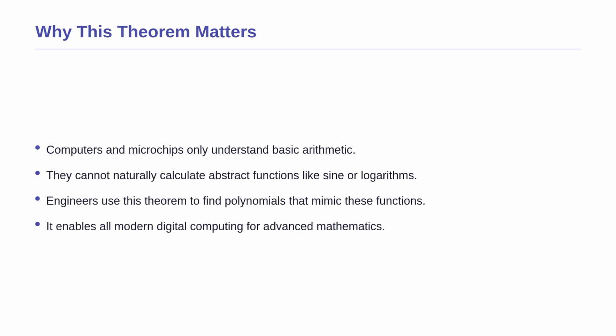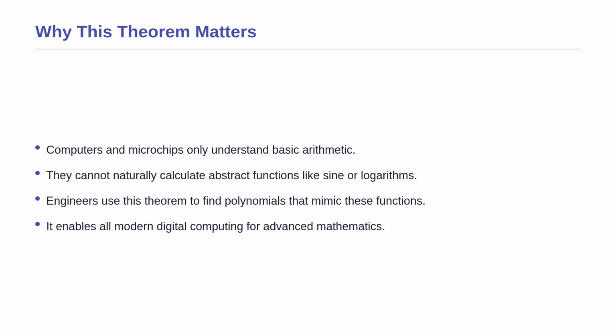So, why does this theorem matter so much outside of pure mathematics? In the real world, computers and microchips are fundamentally simple machines. At the hardware level, they only know how to perform basic arithmetic like addition and multiplication. This means a computer can only naturally calculate polynomials.